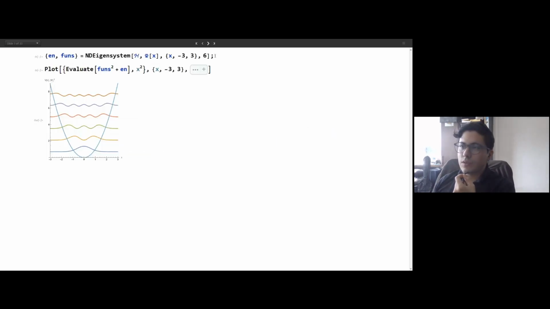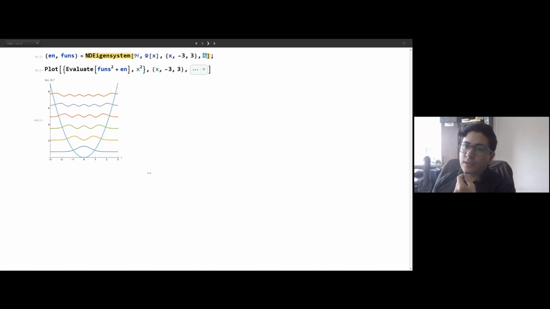You need to use the NDEigensystem function. You specify the operator that was just defined above, the independent variable, the domain of the variables, and how many eigenstates you would like to calculate. And you can just use the Plot function to visualize the probability density of this particular example.